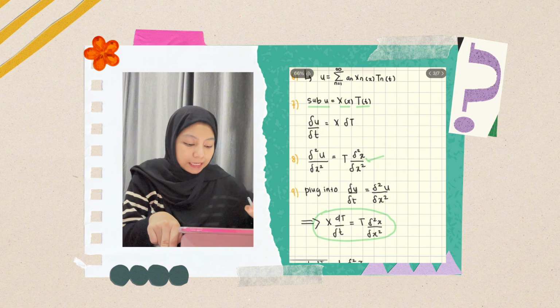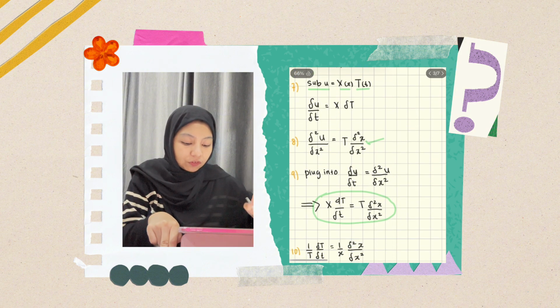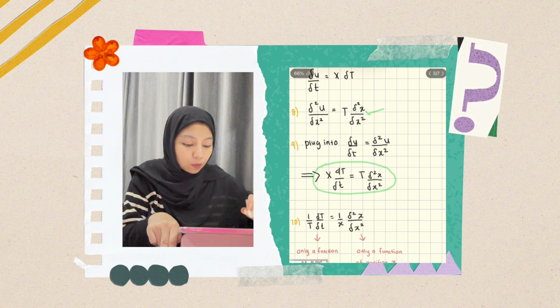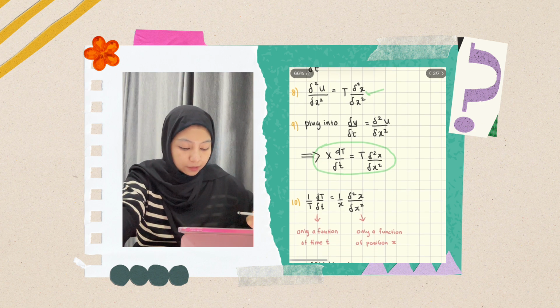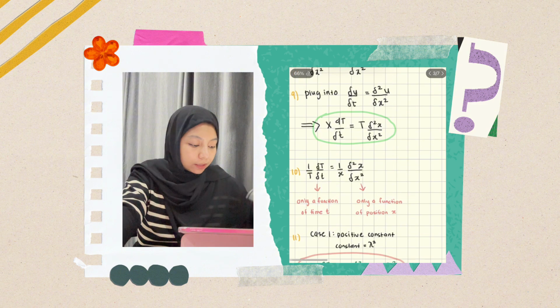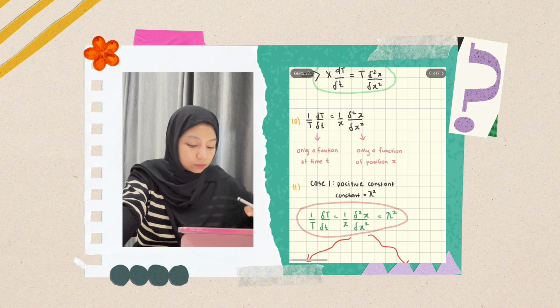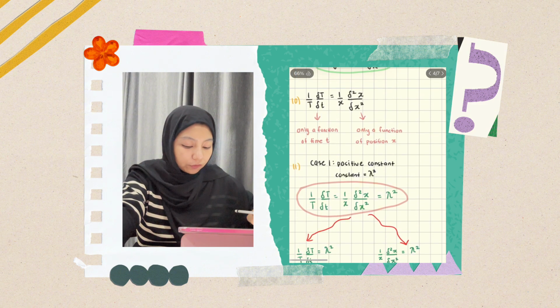Then we end up with capital T times the second derivative of capital X with respect to small x. Then plug this into the PDE, and we'll get something like this in this green circle over here. Effectively, by dividing both sides by capital T, we get this one.